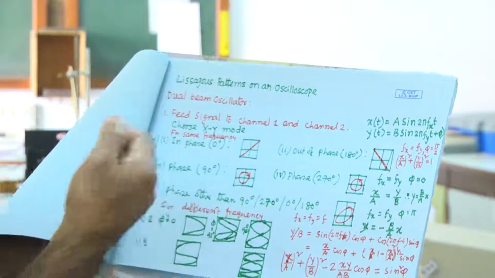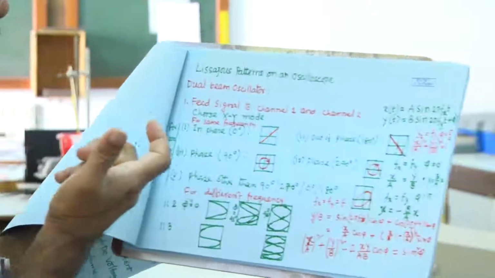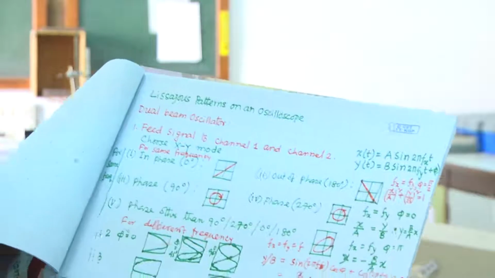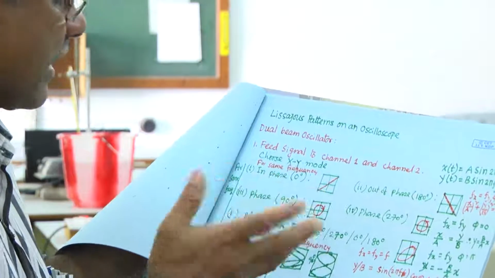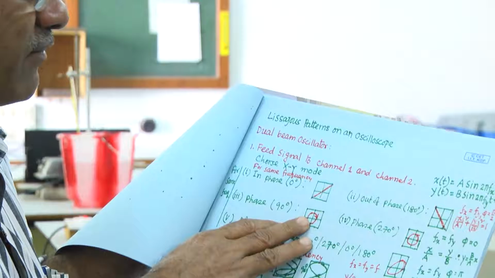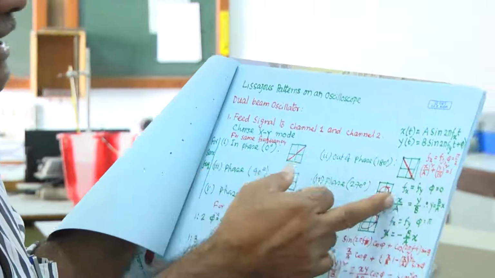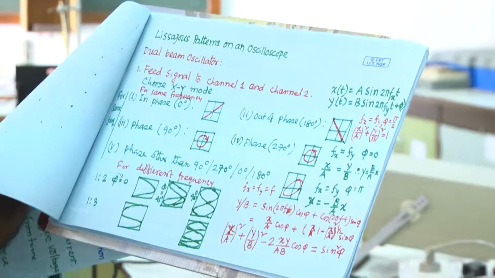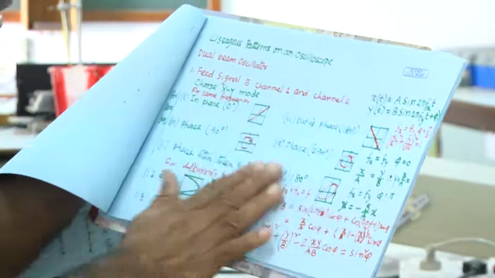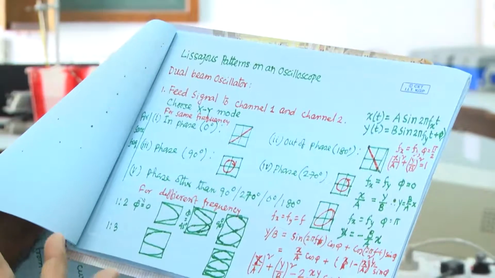Whether it is an ellipse or a circle depends on the amplitude. If both amplitudes are the same, it will be a circle, otherwise it will always be an ellipse. For 270 degrees, one is a left-handed and the other a right-handed circle or ellipse, and for other angles it will be an ellipse.